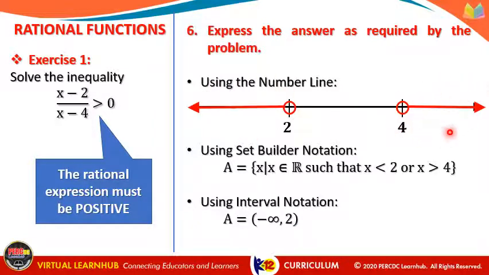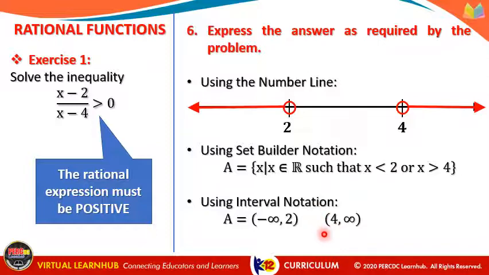Paano naman yung 4 to infinity? Yung pangalawa ay 4 and then infinity. Sa may bandang infinity, parenthesis yan. Paano naman si 4? Hindi rin kasama sa solution yung 4. Since yung saktong 4 ay hindi kasama sa solution, ang gagamitin din natin sa may 4 ay parenthesis.